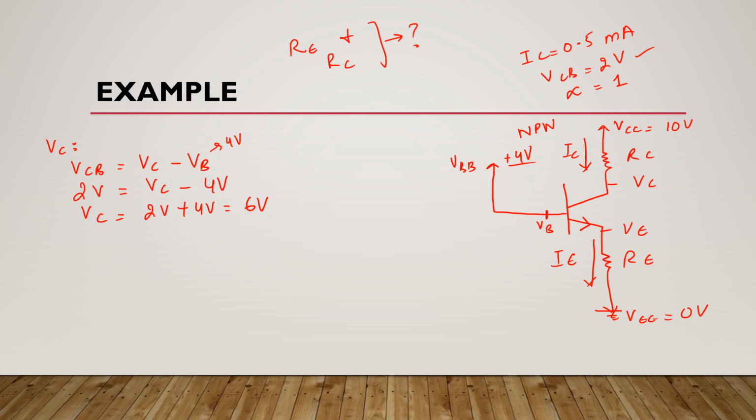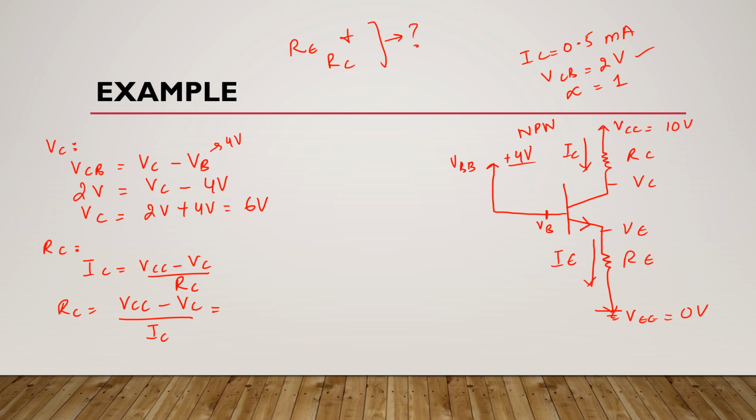Now we will find RC. We know that IC is equal to VCC minus VC divided by RC. So this RC will be VCC minus VC divided by IC.